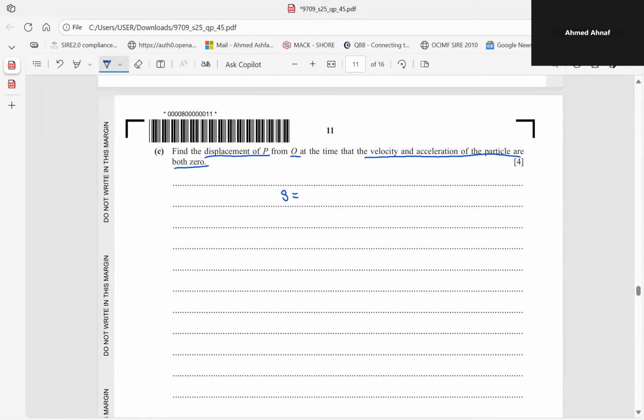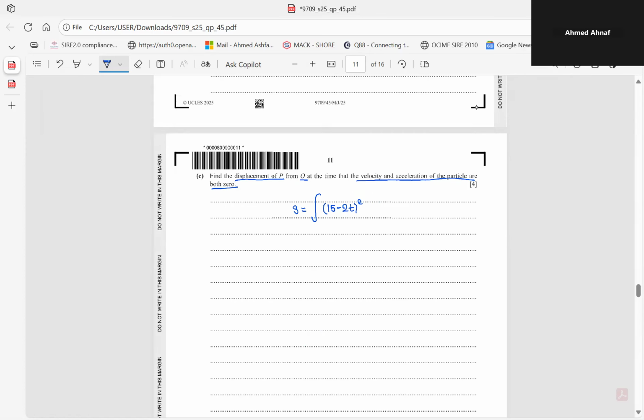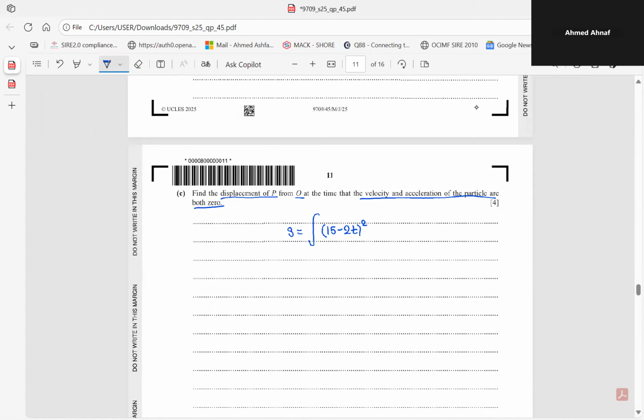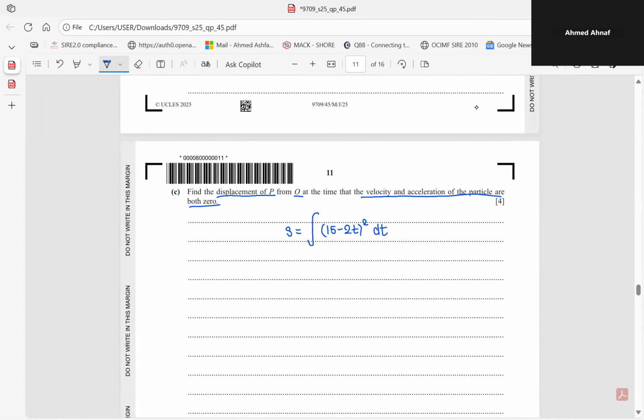So s would just be the integral of (15 minus 2t) squared, dt. To integrate this, we're going to first add 1 to the power, so 3, and then divide by this new power 3, and again divide by the derivative of the inner function.